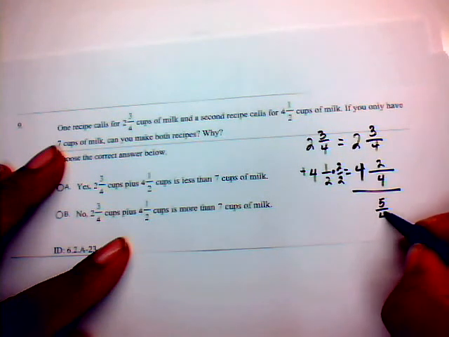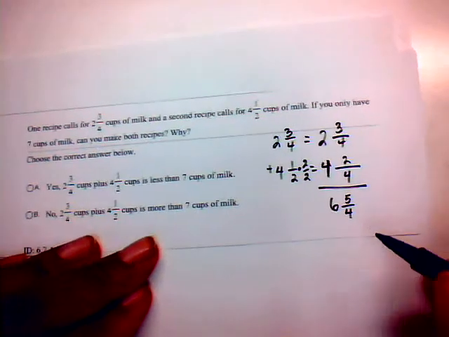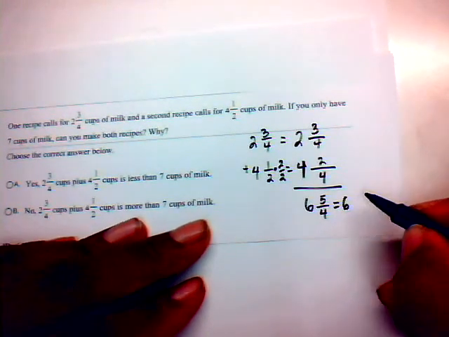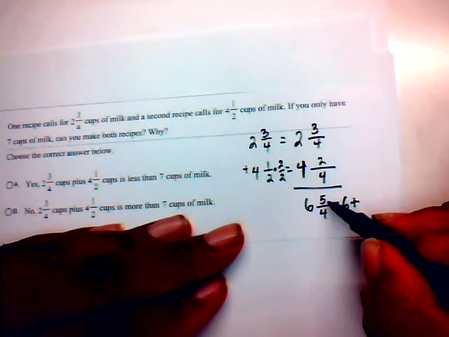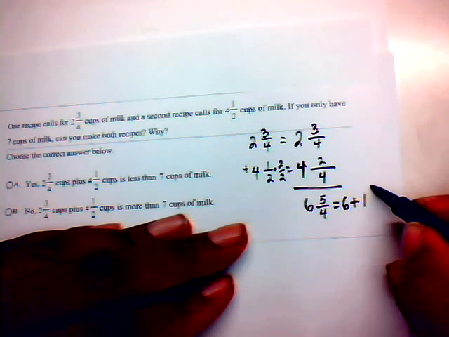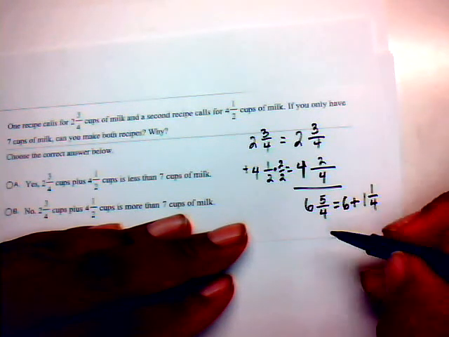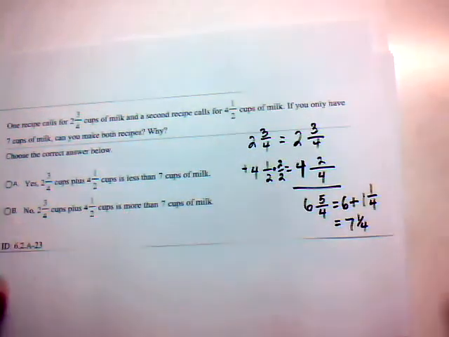That'll be 5/4. 2 plus 4 is 6. Now, let's change 5/4 to a mixed number. So we have 6 plus 4 into 5 goes 1 time with 1 left over. So you have 6 plus 1 1/4. Add the 6 plus 1, you're going to get 7 1/4.